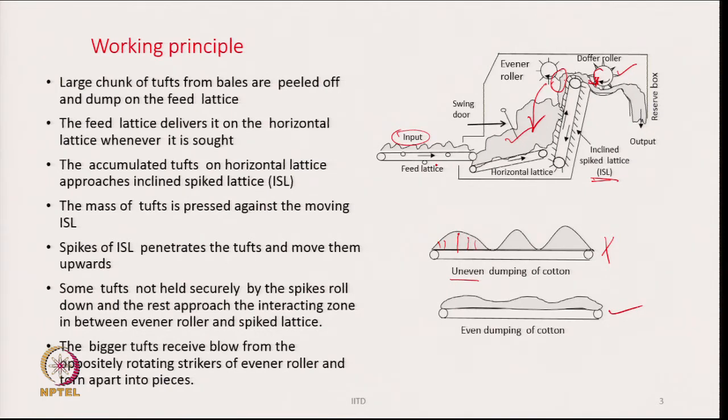So, there is always a store of material inside this machine, and this store of material could be, the space here may be filled up to the extent of half, or 50%, or maybe sometimes 3/4 may be occupied by the tufts.